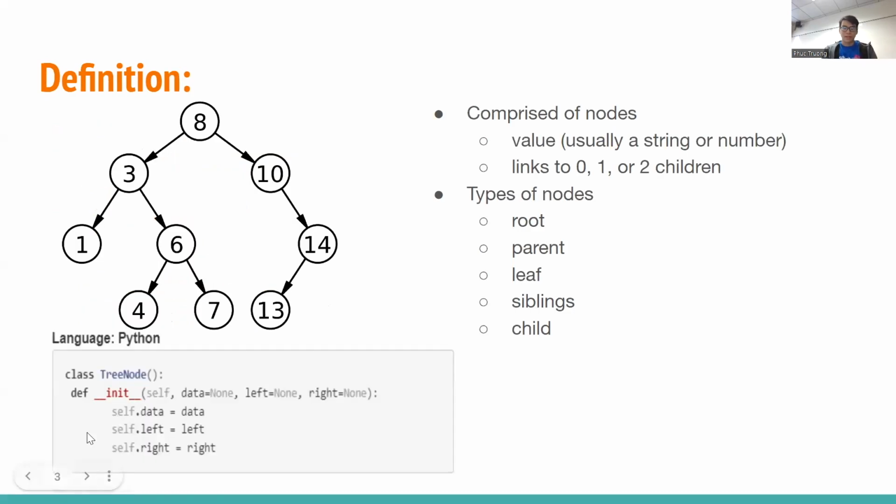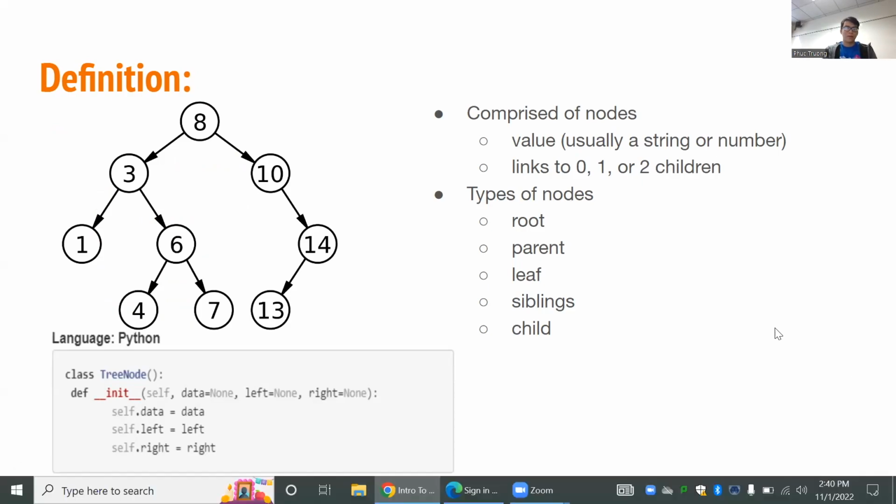So quick definition. A binary tree is a hierarchical data structure. It has different nodes, and every node has a value. It can be a number, string. Every node has up to 2 children, left and right.